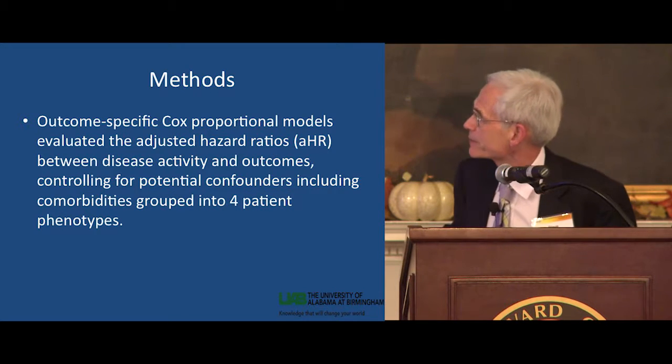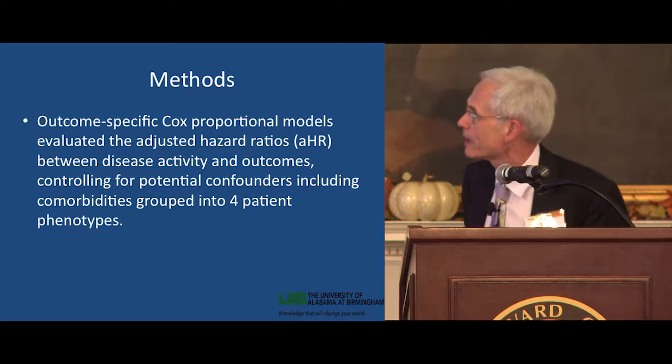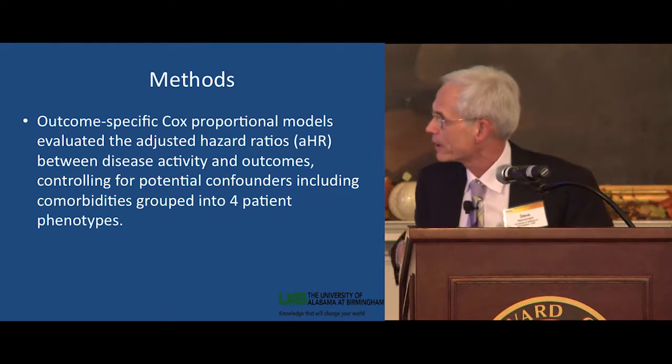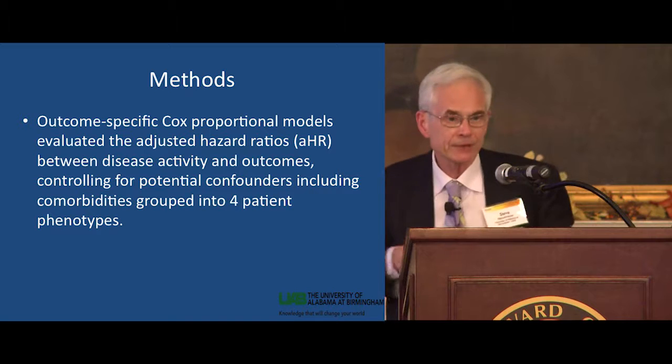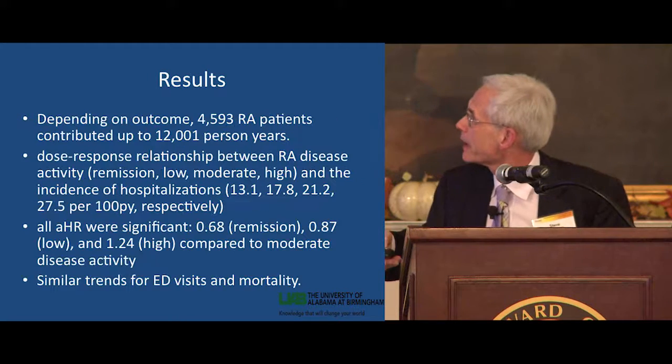They estimated some Cox proportional hazard models looking at disease activity and outcomes, and they grouped people into different categories based upon some phenotypes.